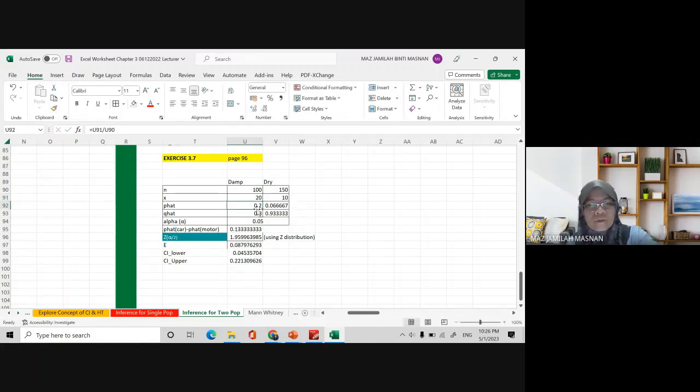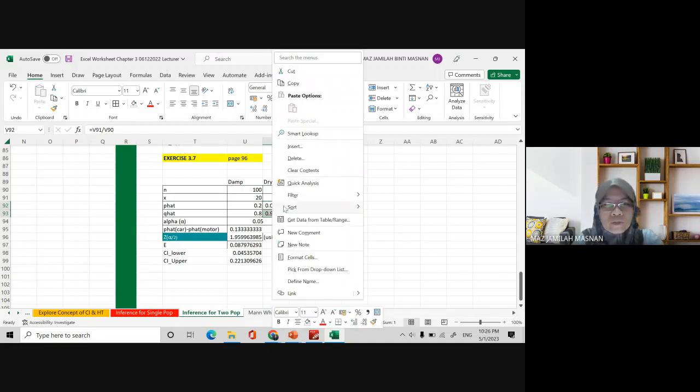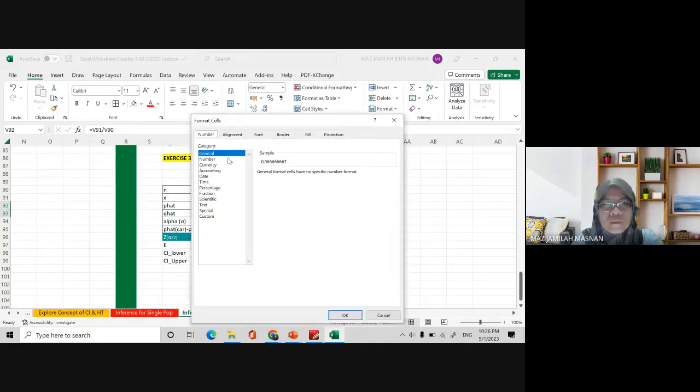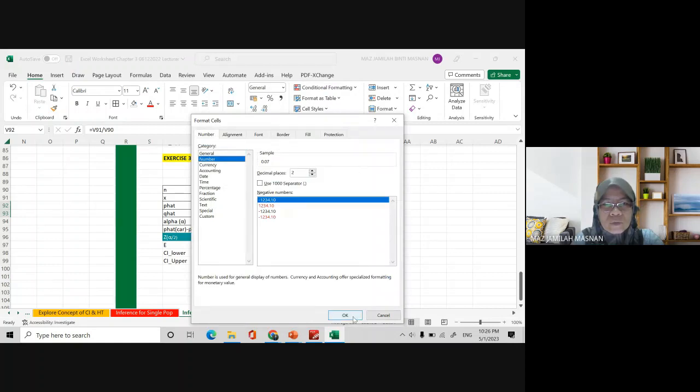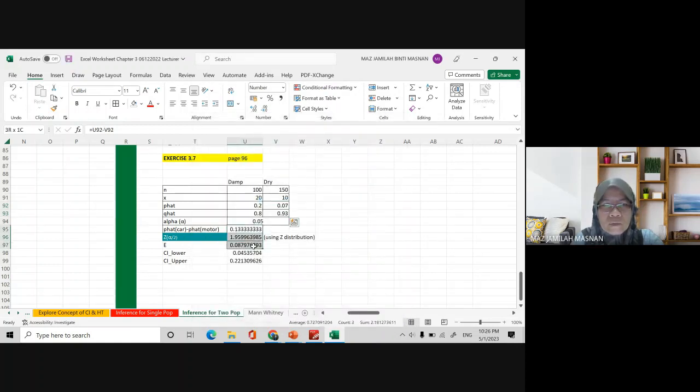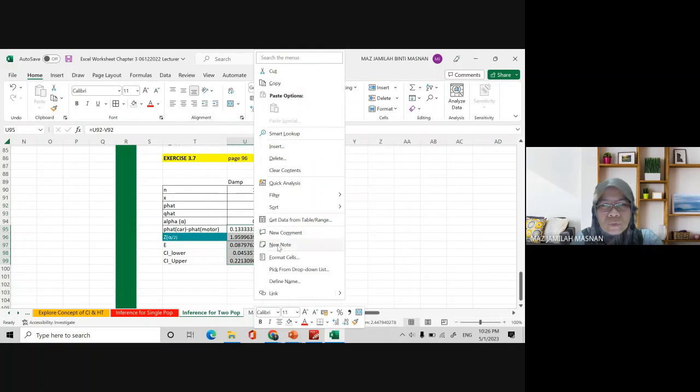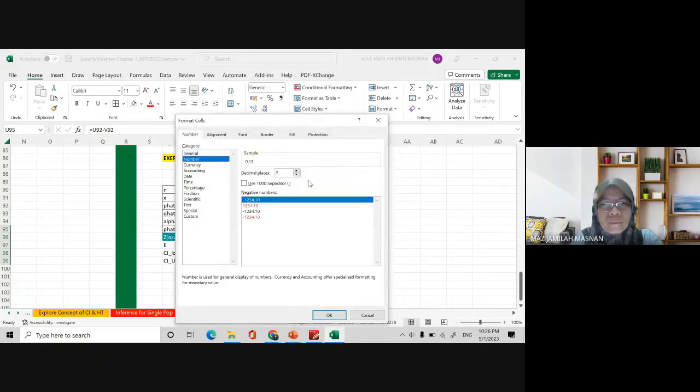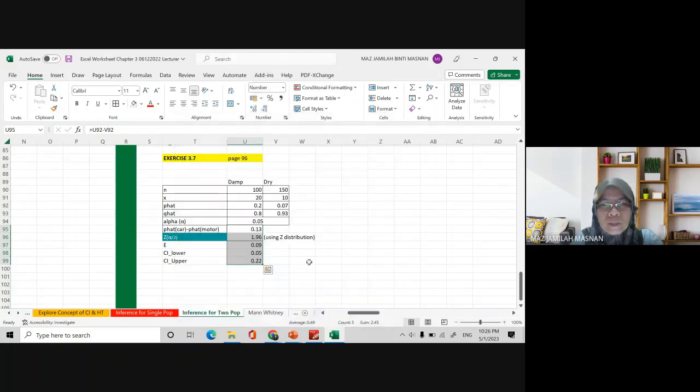Okay, so you got the P hat. So let's say in this one we use 2 decimal points. So we set 2 decimal points, go to number 2. And then the rest also we put 2 decimal points. Okay. So now we have P hat, Q hat, correct. So alpha is how many percent? 90%.